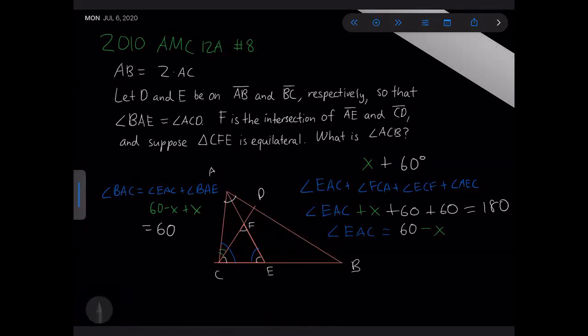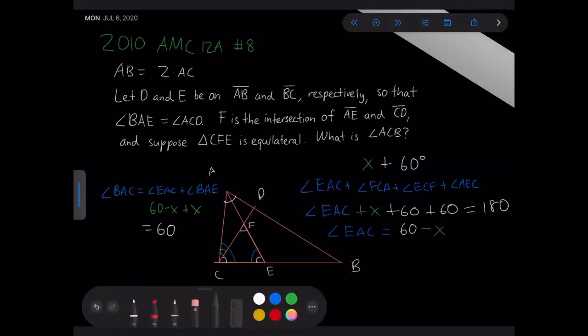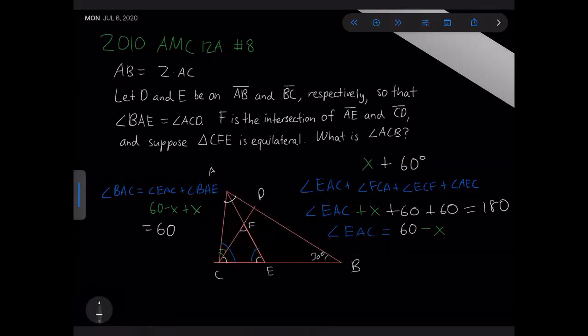If you have a 1:2 ratio and an angle of 60 degrees, that means you have a 30, 60, 90 triangle. So that means that this angle is 30, but more importantly, this is a right angle. Triangle ACB is a right triangle. So the one we wanted to find was angle ACB, which is 90 degrees.